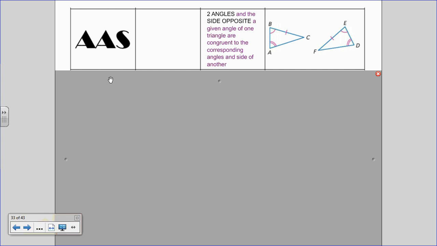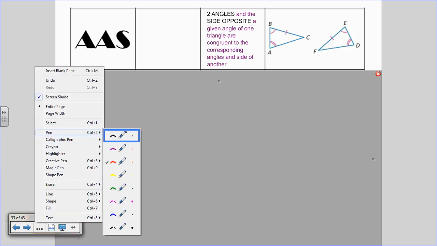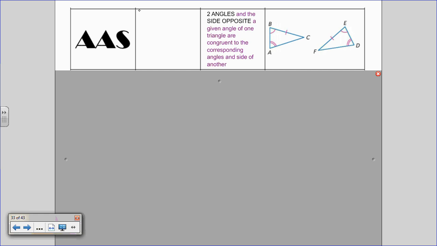Now we have angle-angle-side, where you have two given angles and one side, a side opposite a given angle. So now the side will not be in between, it's going to be opposite one of the angles.